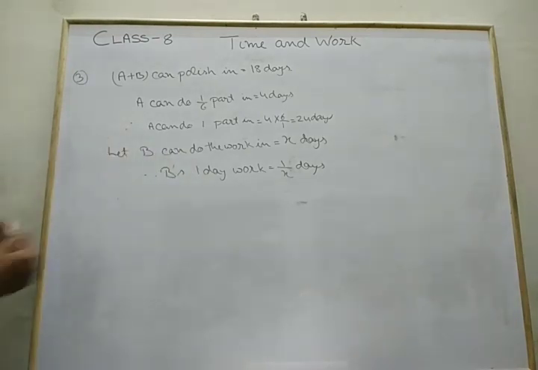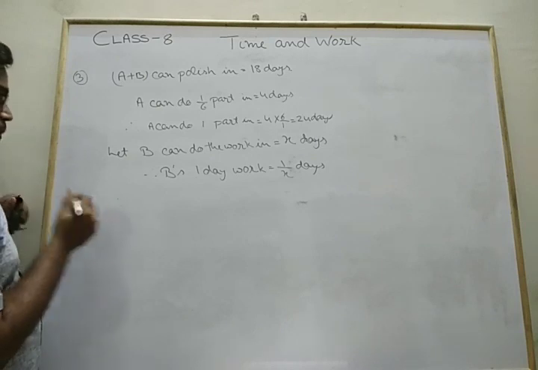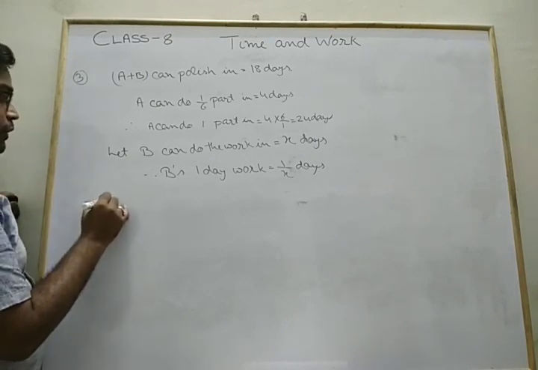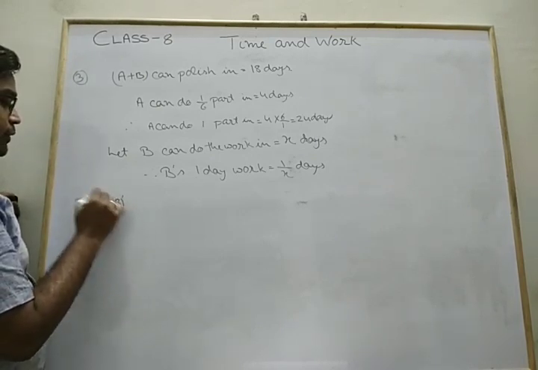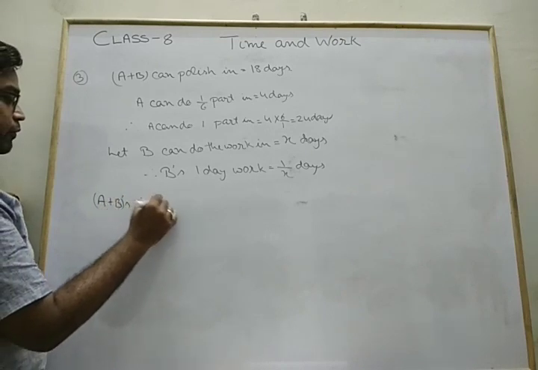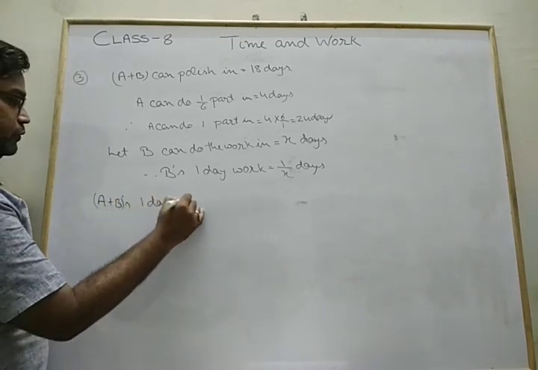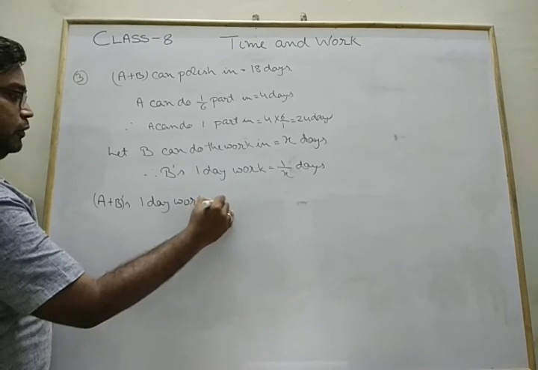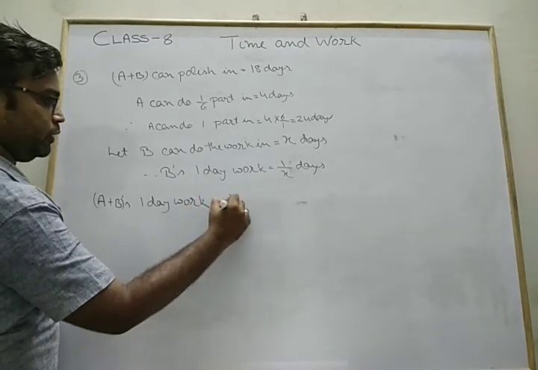So, again, from this we can find A plus B's 1 day work equals 1 upon 24.